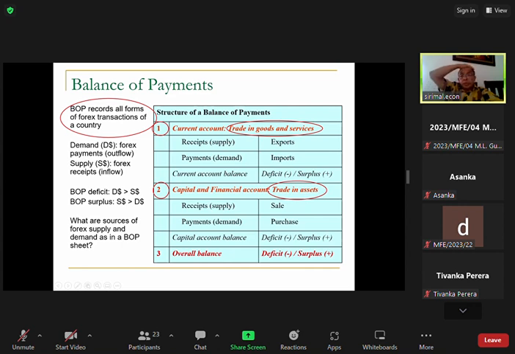They may be real assets or financial assets. Two accounts. First, on trade in goods and services, we are looking at the sources of foreign exchange demand and supply. How do we identify these?